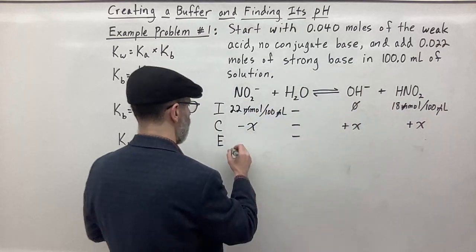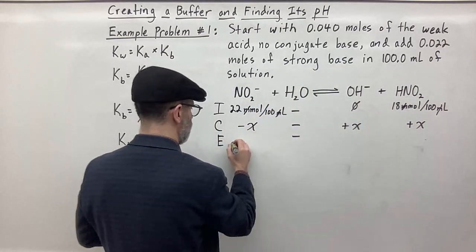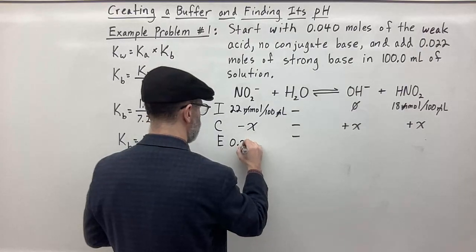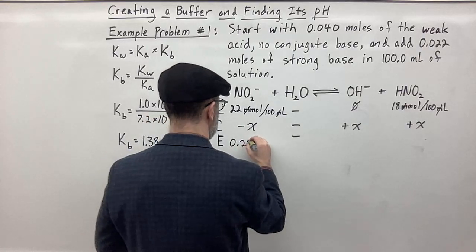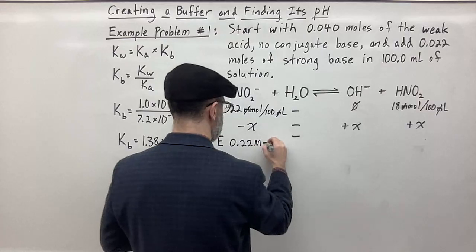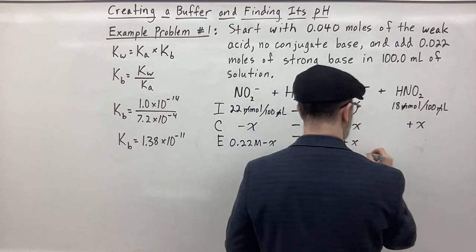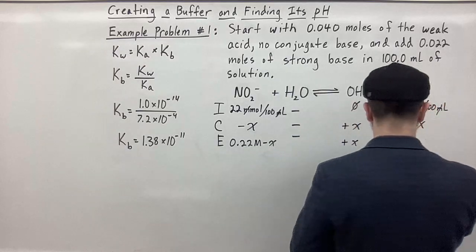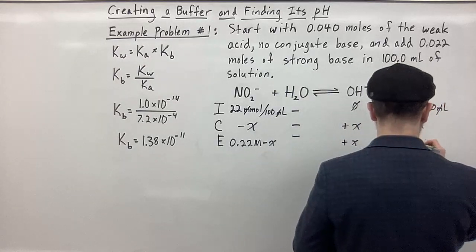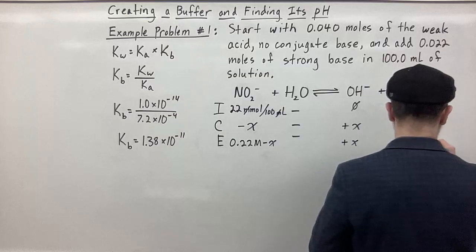And then we end up having 0.22 molar minus X, this is just going to be your plus X, and this is going to be your 0.18 molar plus X.